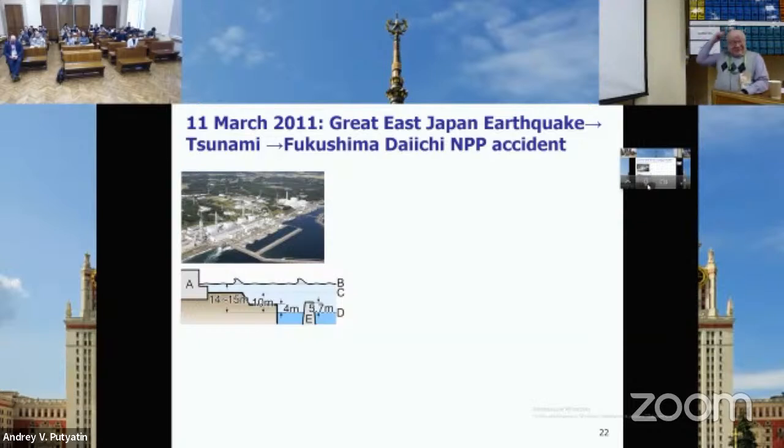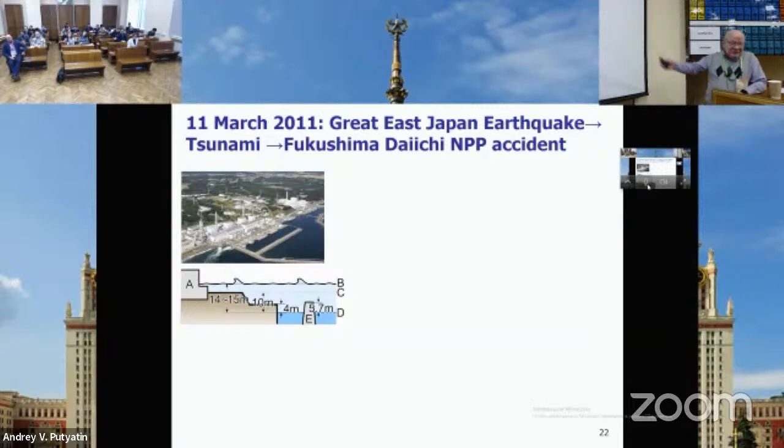However, the diesel generators were located in the basement of the building, and the building was not hermetically sealed properly. This means that the diesel generators were broken by the water flood, and there was no power.